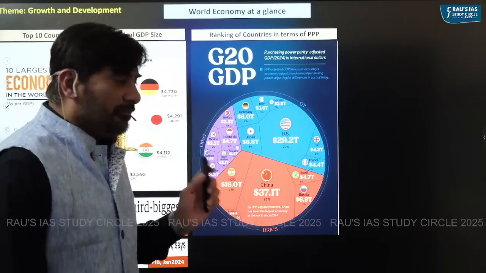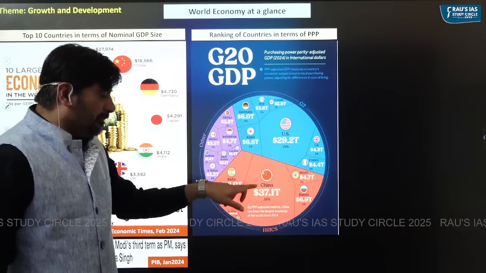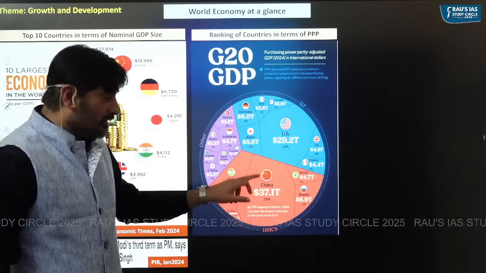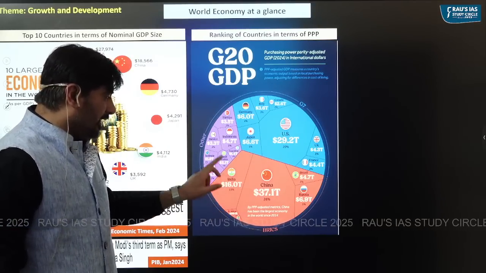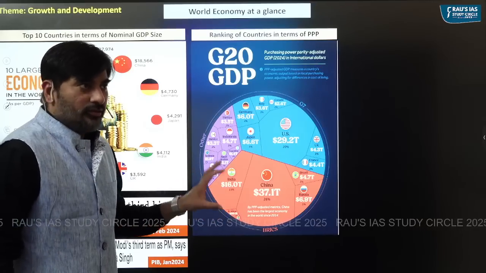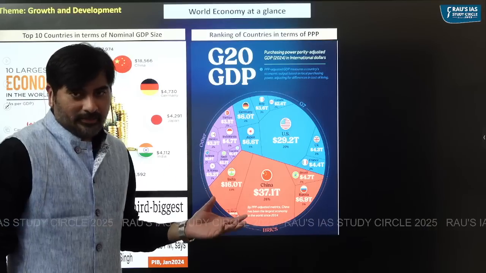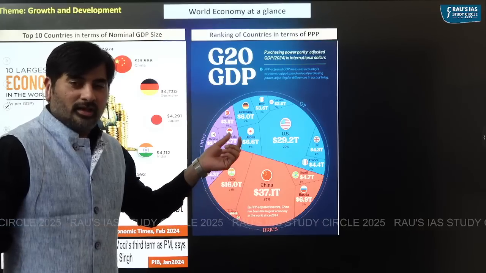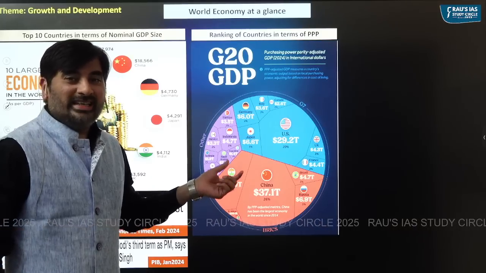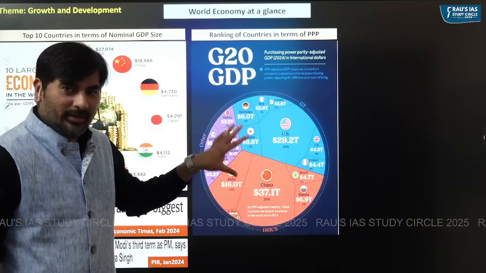And in terms of purchasing power parity, China is placed at the first place, followed by US at second place, and India as third place. So India ranks third in terms of purchasing power parity. In one of the earlier prelims, a question was asked with respect to India's ranking on purchasing power parity. That is why it becomes important.